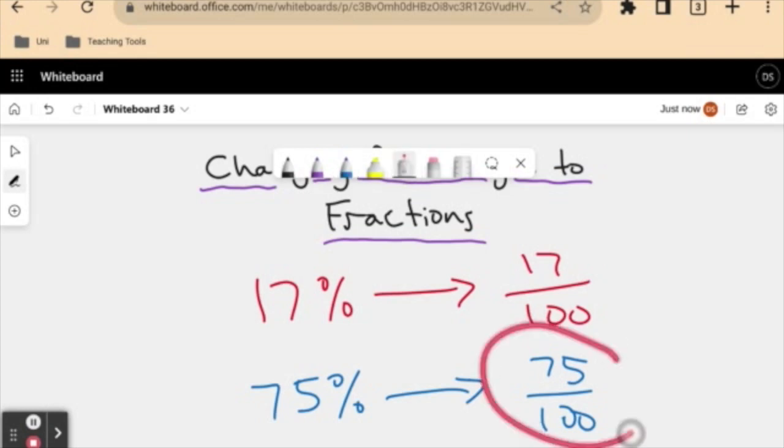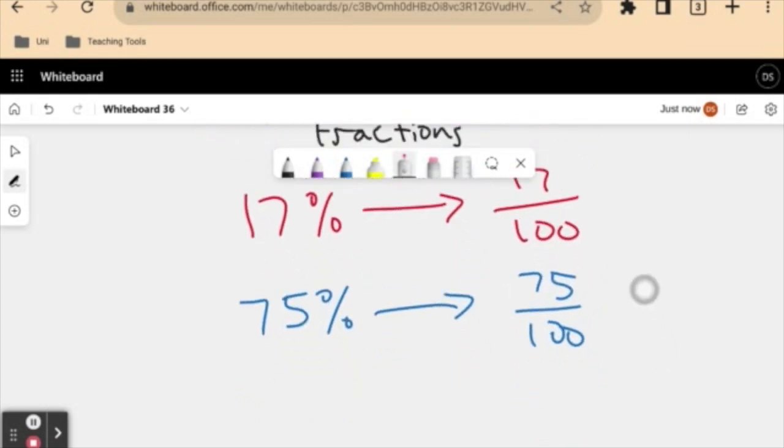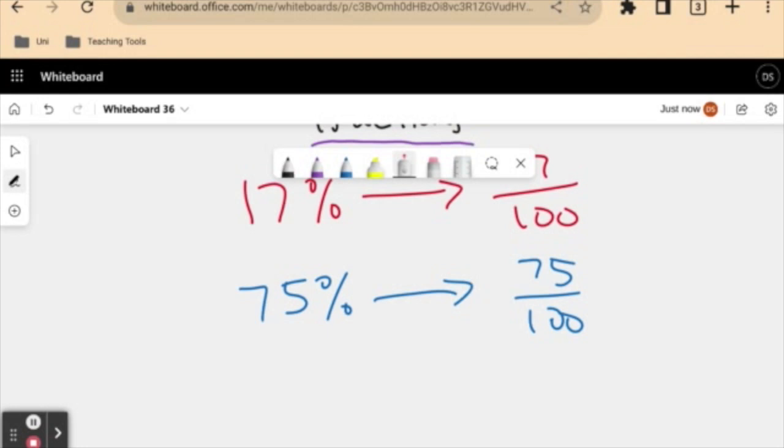But this answer isn't in its simplest form, is it? It's not. It's an equivalent fraction to something possibly smaller. So that implies that we can have some common factor top and bottom here. So our 75 over 100, well, we can see that 25 goes into both of these.